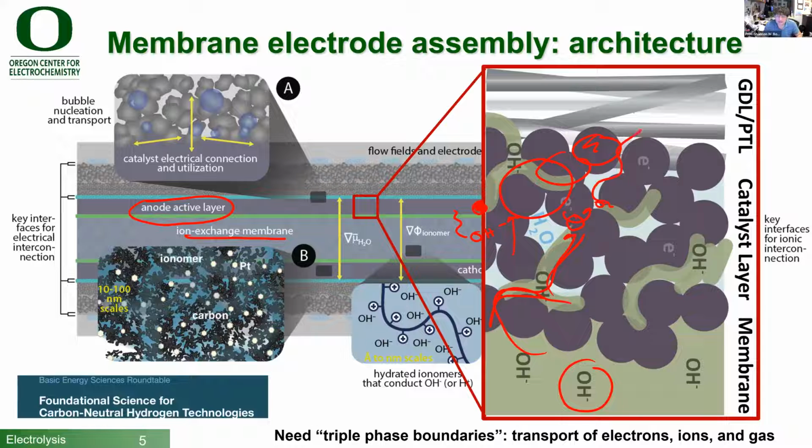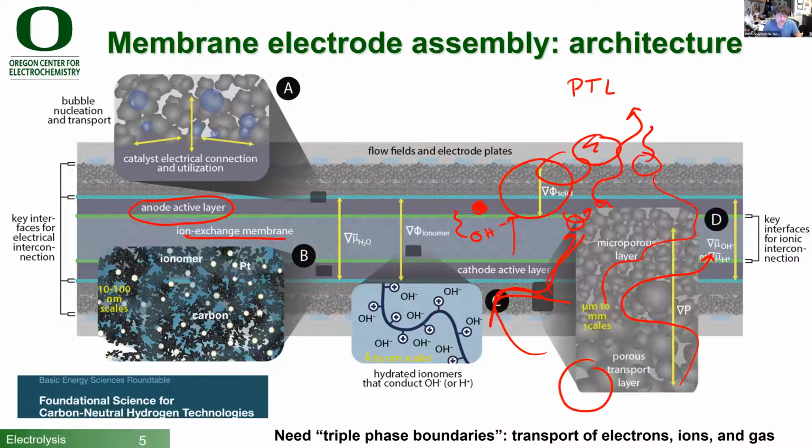The oxygen then has to come out of the cell through what's called the porous transport layer, or the GDL, gas diffusion layer. And the electrons also need to transport out of the cell. So you need electronically conductive pathways for the electrons, and you need ionically conductive pathways for the hydroxides in this 3-dimensional porous electrode.